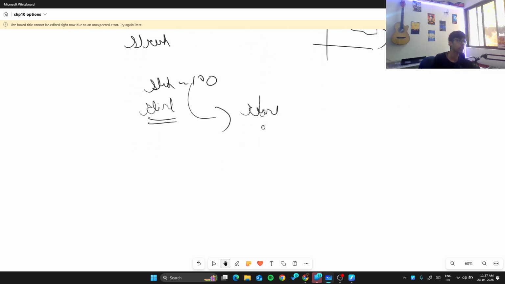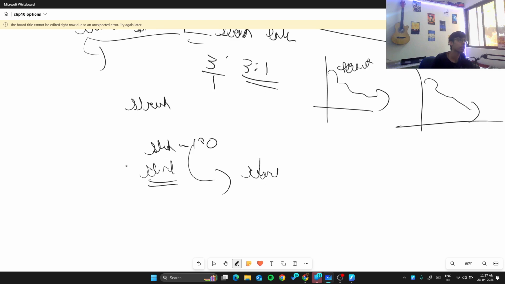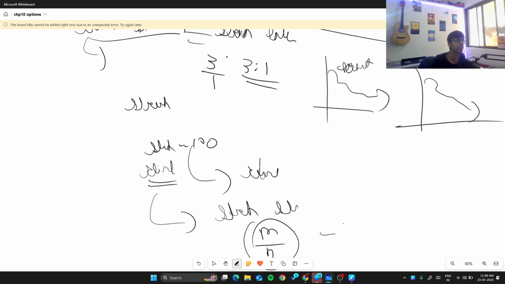There is no such inbuilt mechanism for a stock split. But if the stock split is m is to n, then we will divide the strike price by n is to m. That is a simple formula, and we can do that.